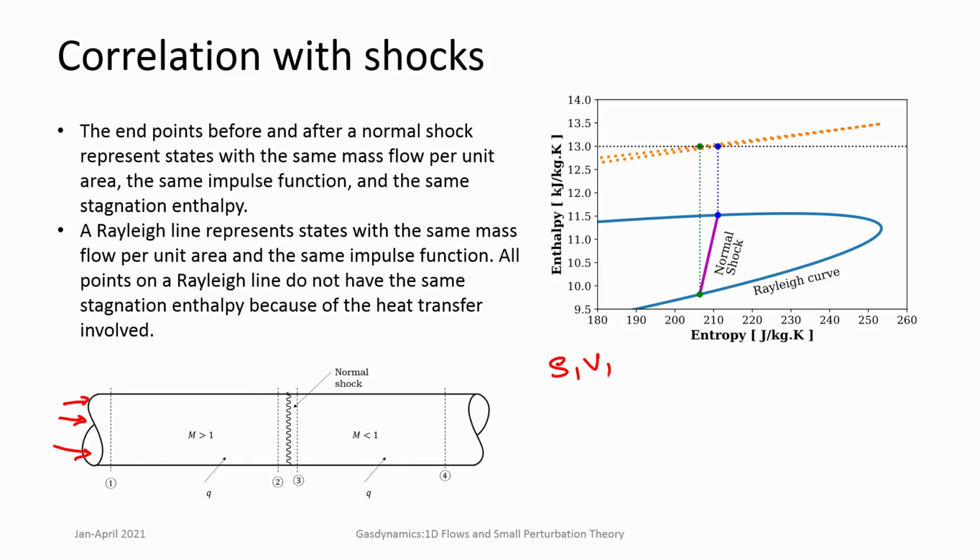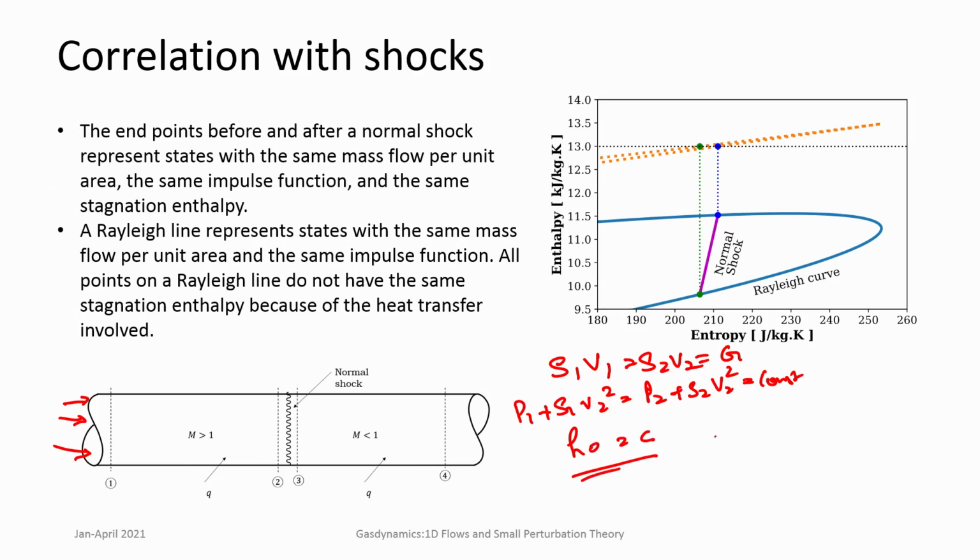Shock equations are rho 1 V 1 equal to rho 2 V 2, and P 1 plus rho 1 V 1 square equal to P 2 plus rho 2 V 2 square, and so this is G, and this is a constant. This is true for Rayleigh flow also, and of course H naught is constant for a shock.